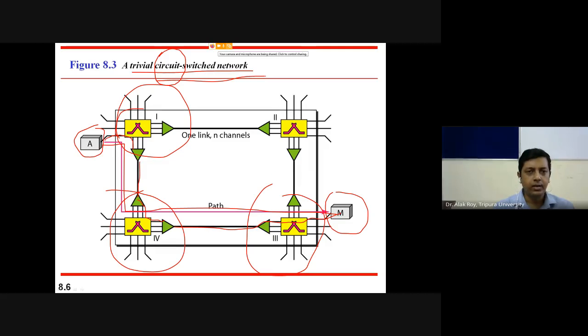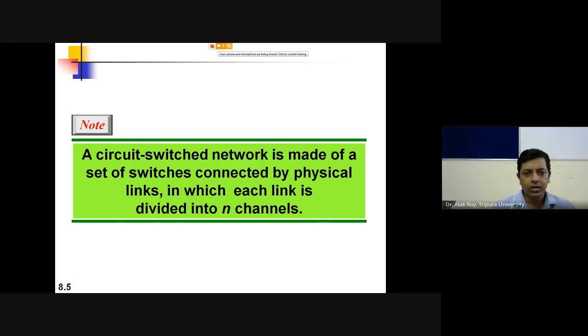Let's see again. This circuit switch network is made of a set of switches connected by physical links, in which each link is divided into n channels. Like how many channels you are using?